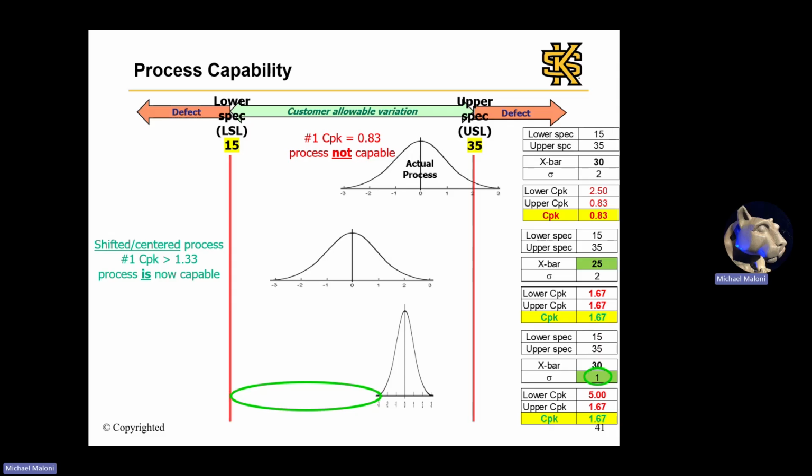The upper CPK is now 1.67, which is also good. We have a bit of cushion relative to the upper spec limit and are again greater than the 1.33 target. This process is capable. So either reducing the mean or reducing the variance, or perhaps both, will get a process within specs, a capable process that will consistently meet customer expectations.